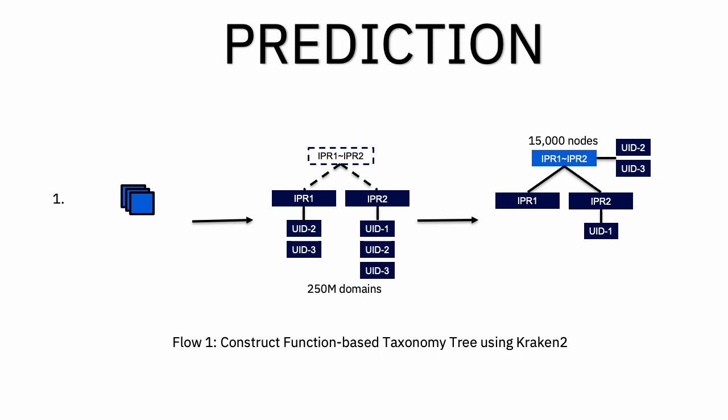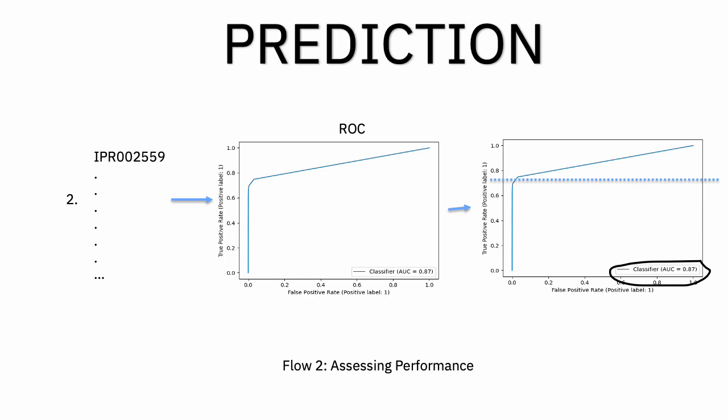I would like to highlight that we constructed this taxonomy using 250 million domain sequences, resulting in a tree which had more than 15,000 nodes. So once Kraken has all the information that it needs and is trained, we treat this as a multi-label classification problem in ML to perform evaluation.